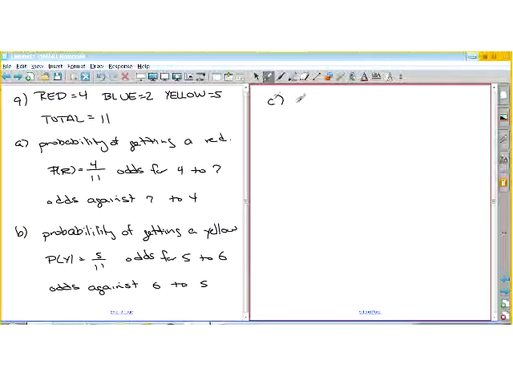And then finally, the probability of getting blue is the number of blues divided by the total number. The odds are 2 to 9, 11 minus 2 is 9.